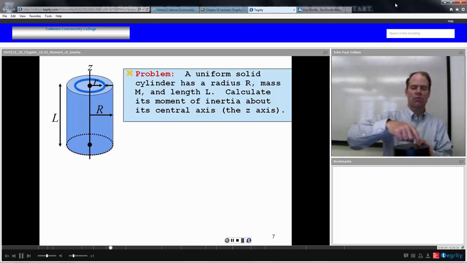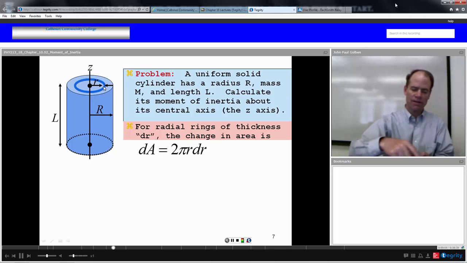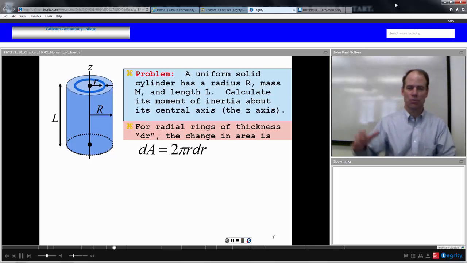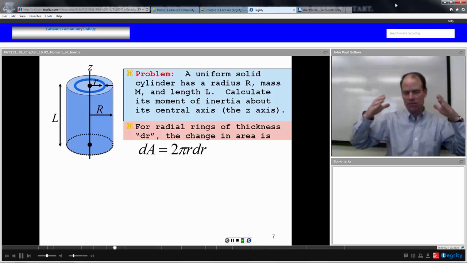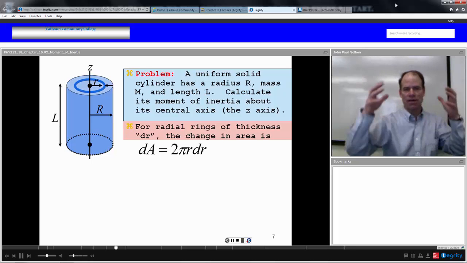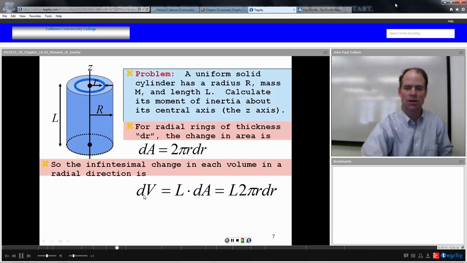We're going to consider a ring around this cylinder, and the ring has a perimeter of 2 pi r, and the thickness of the ring is going to be dr. So the area of this ring, as we go around here, is going to be 2 pi r dr. The perimeter times the thickness, dr, will give us the area of that ring. And if I give it a length, then that will give me the volume change of that little hollow cylinder represented by that ring. So I'm going to multiply by L, and that will be my change in volume. L times dA will be L 2 pi r dr.